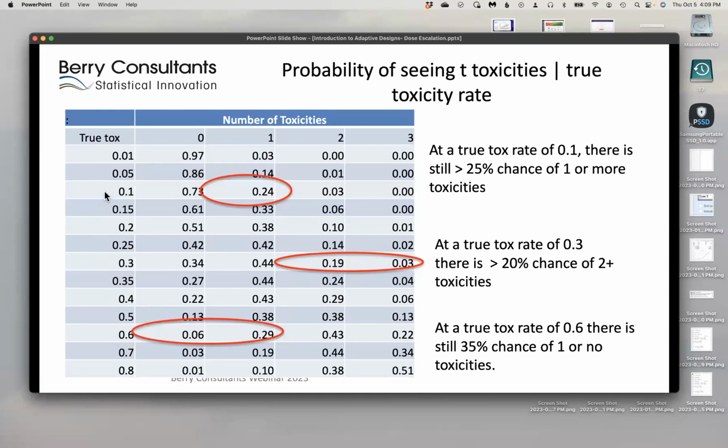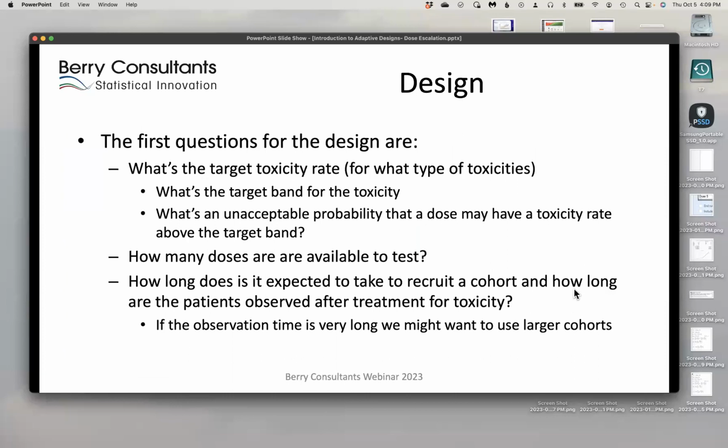And if the toxicity is well above what we're going to want, say 0.6, then we've still got over a 35% probability of seeing no or 1 toxicities, so of it looking benign. So again, just to reinforce that we mustn't overinterpret the number of toxicities we see at any one dose.